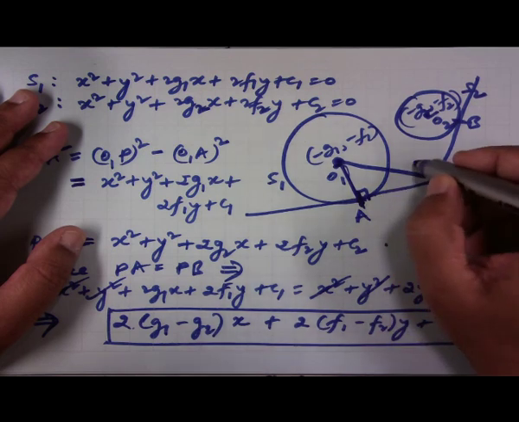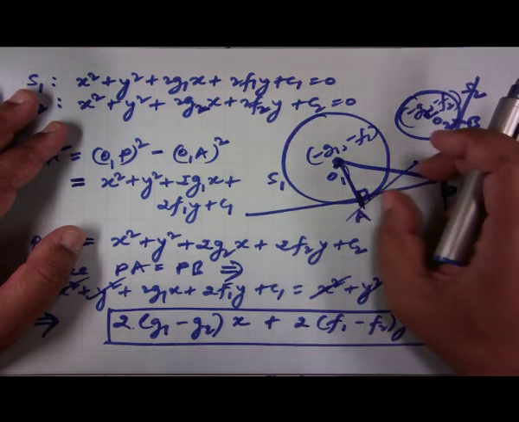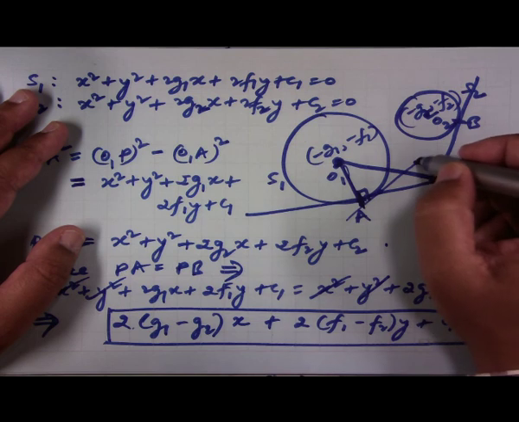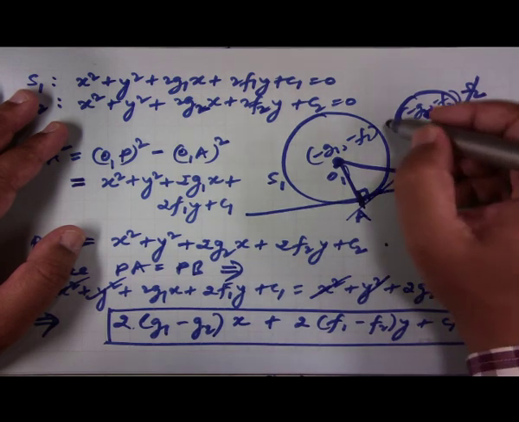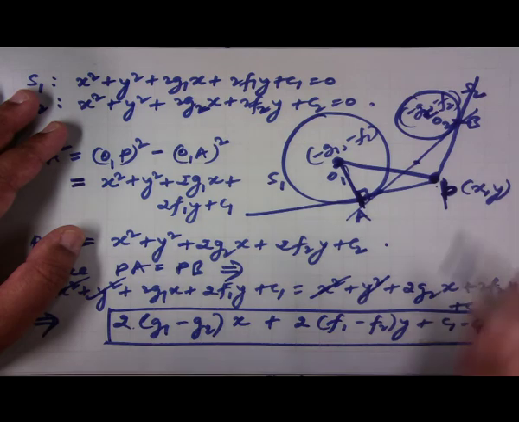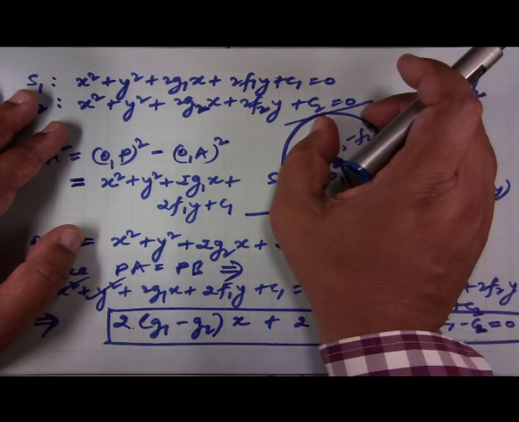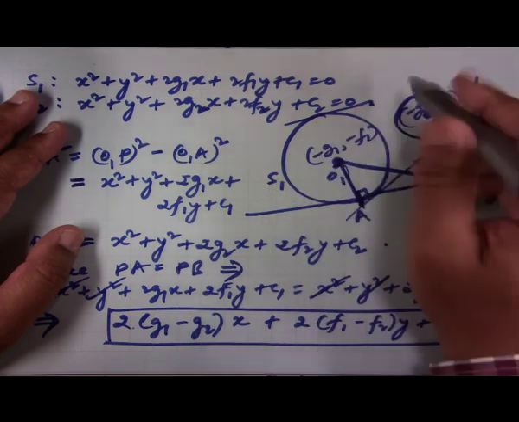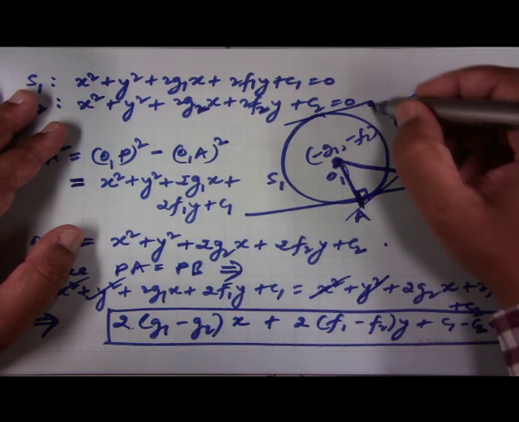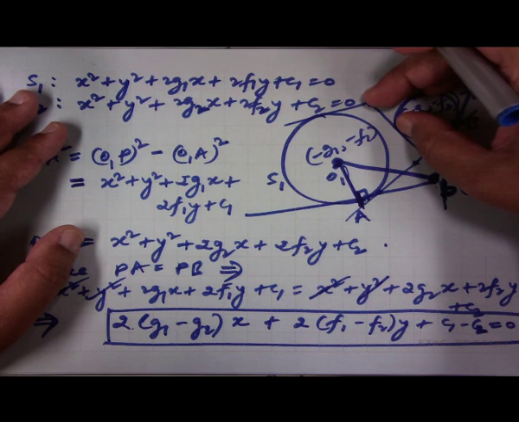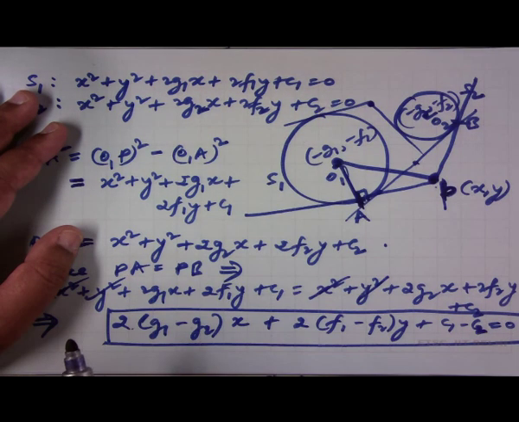such that this length and this length are equal. Similarly, there could be another point here, such that this length of this part of the tangent to the first circle, and this length which is part of the tangent to the second circle, this and this length will also be equal.